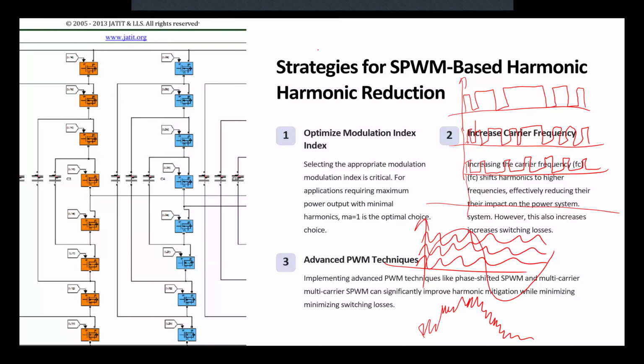Your waveform is going to be like this. You have a stack of PWM that mimics a better sinusoidal than what you had in the first place. This is the visual answer.